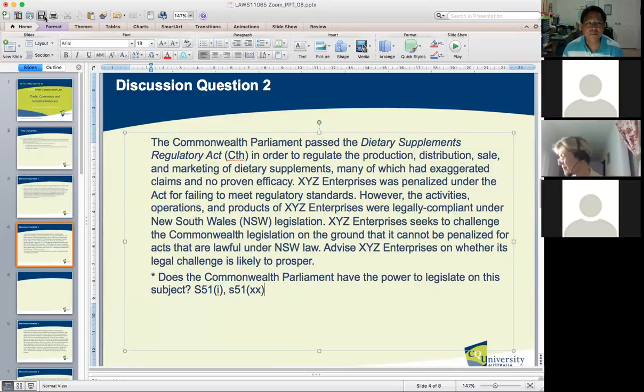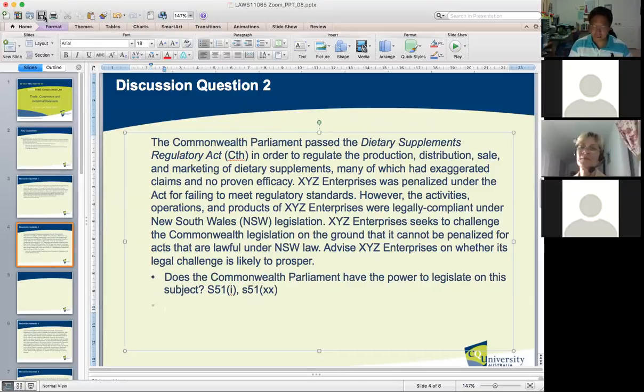Janet, it's Rob here. Sorry, Manjo. Yes. Janet's already picked up on this one, so I don't want to steal her thunder. She just found the actual section 109 for me. Yes. If the Commonwealth already occupies the field in a legitimate area where they can legislate, then the state legislation will be invalid to the extent of the inconsistency.